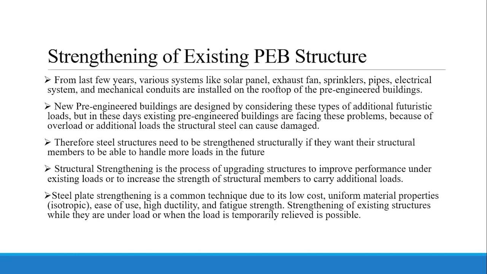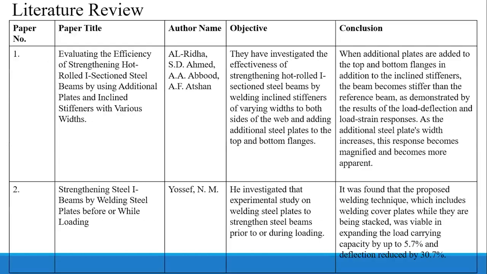I focus on steel plate strengthening because it is the most common and popular technique due to its low cost, uniform material, ease of use, high ductility, and fatigue strength. Strengthening of the existing structure while under loading is possible when the load is temporarily relieved.